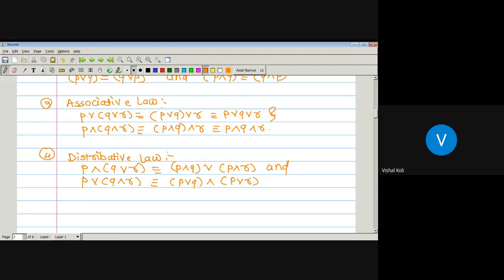Okay, so P, Q, and R are three statements which hold these two conditions. Then the corresponding statements are said to hold the distributive law.